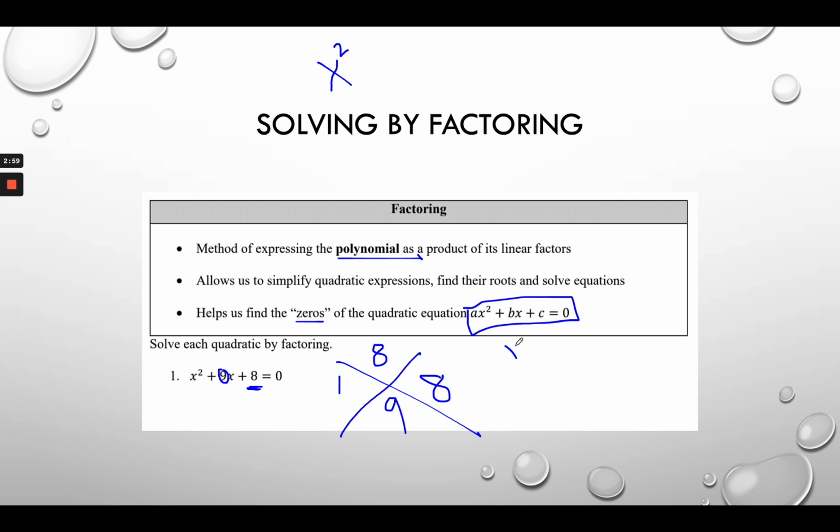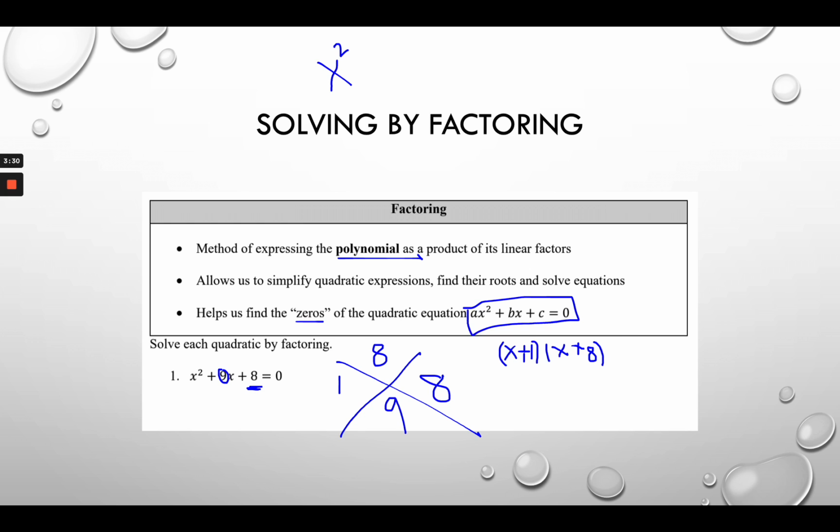So when we write this in factored form, it becomes x plus 1 times x plus 8. Hopefully this is coming back to you from last year as a review. We can see here that we wrote the polynomial, the quadratic equation, as a product.